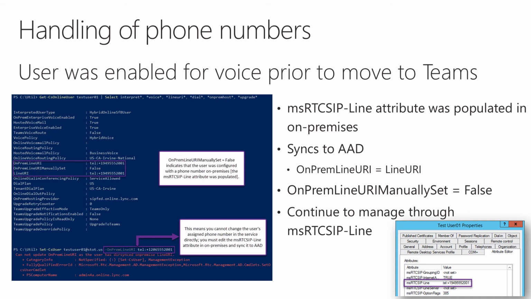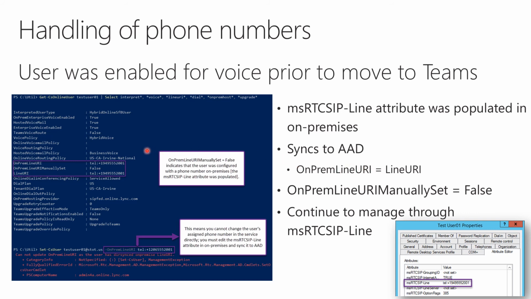If the user was enabled for voice on premises prior to their move to Teams, that means the msRTCSIP-Line attribute was populated in on-premises Active Directory. Well, when that value is populated in on-prem Active Directory, it syncs into Azure Active Directory, and the on-prem line URI becomes the line URI.